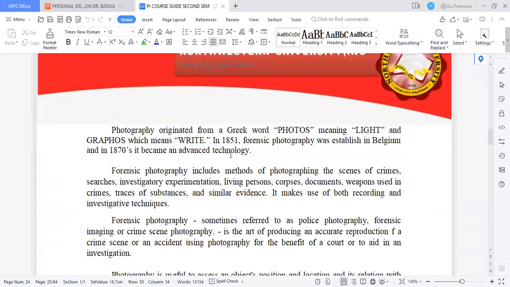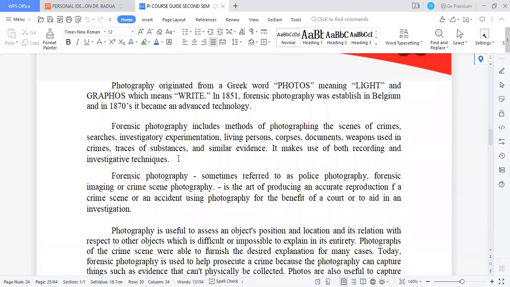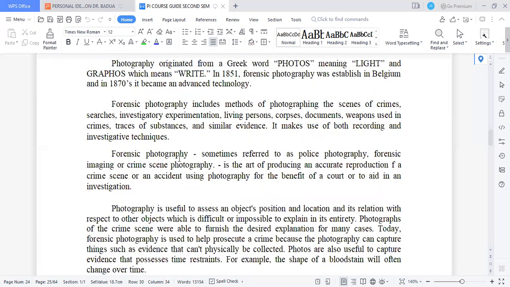So photography originated from a Greek word photos, meaning light, and graphos, which means write. And forensic photography was established in Belgium in the 1870s, and it became an advanced technology. So, of course, in this field of study, it would enable you to photograph the scene of a crime.